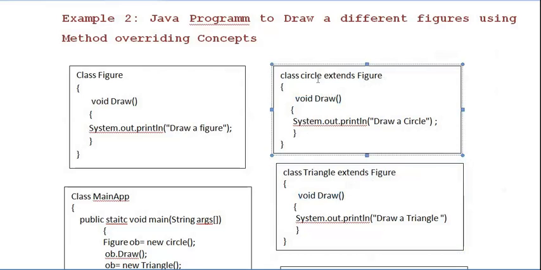There are two derived classes from Figure, and in the derived classes the signature is the same. So it means that this draw method is overriding the draw method of the superclass. This is also overriding the superclass draw method. But these are performing different specific tasks inside.